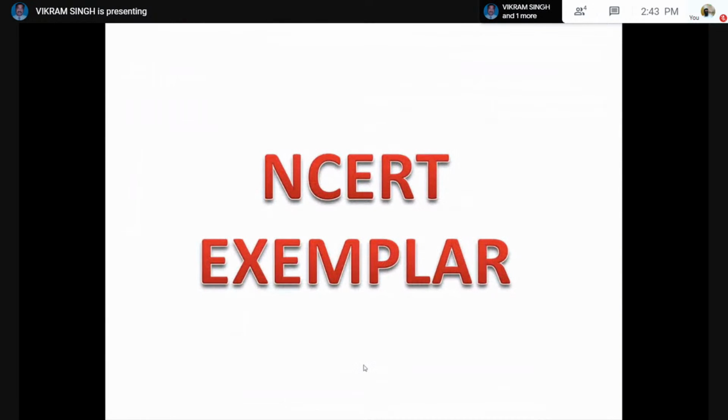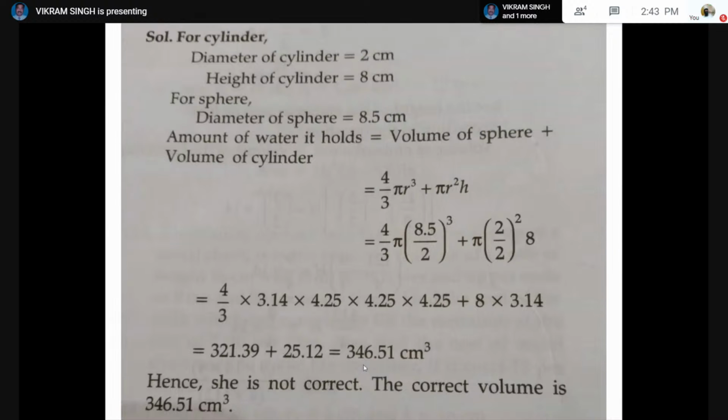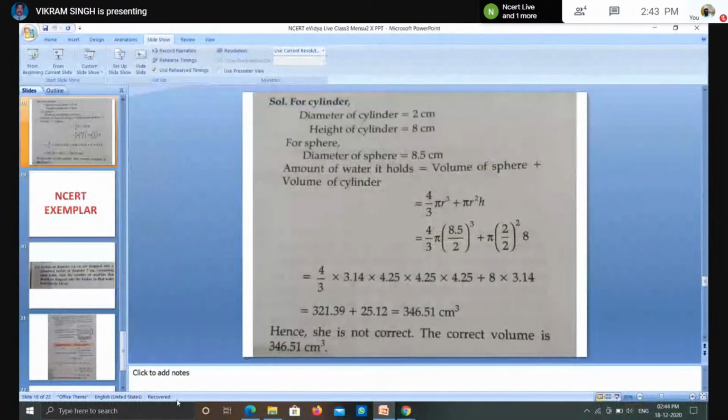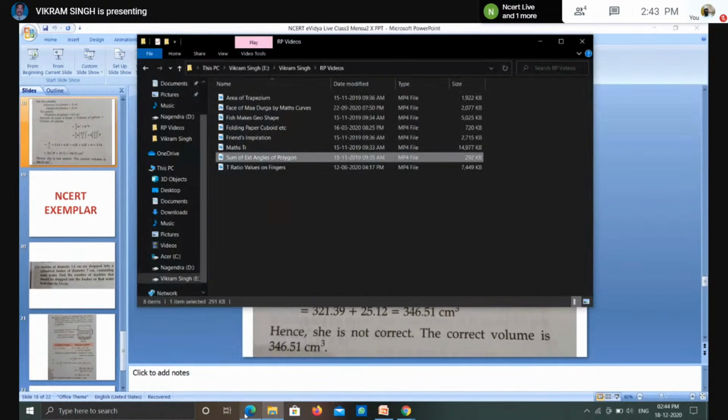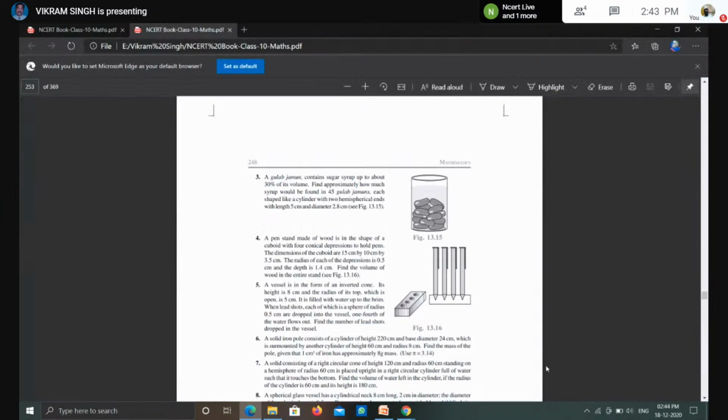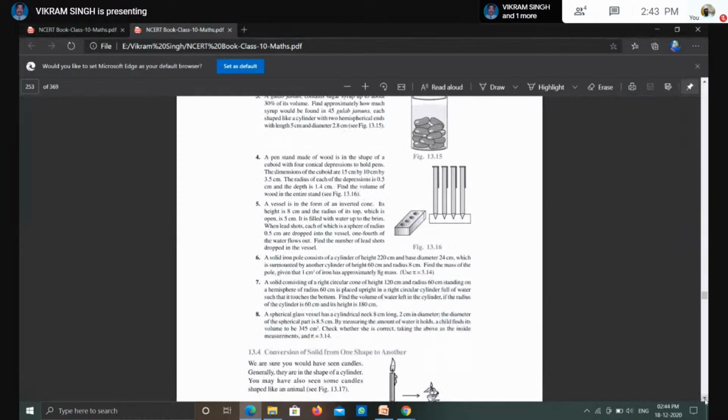Now this is all about the exercise questions, as I told you, questions of the NCERT book. But if we want to discuss one or two questions more, we can do that, and we are going to use the NCERT exemplars. Actually 6 we discussed in the first part, 7 just now, and this 8 also.